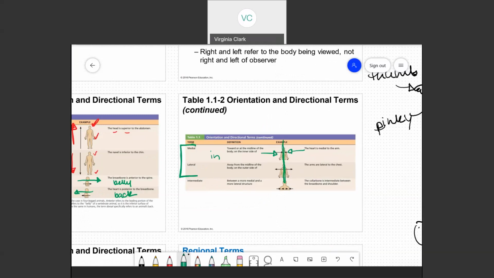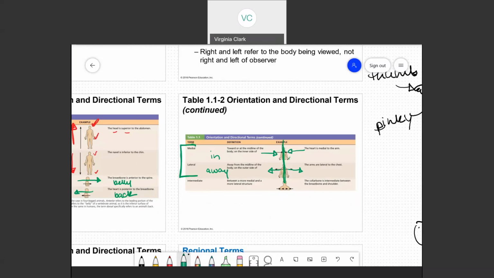Lateral, you are going the opposite direction. You're going away from that. You are going out or away from the middle. So an example of this would be my nose, which would be right on the midline, is medial compared to my fingers, which are farther away. You can kind of see how that works.